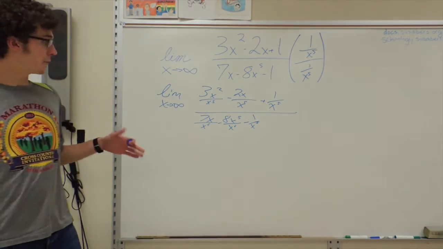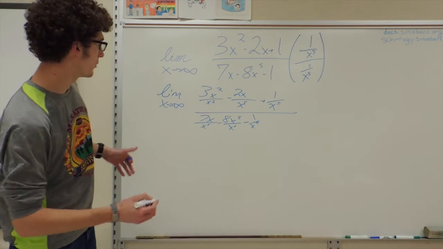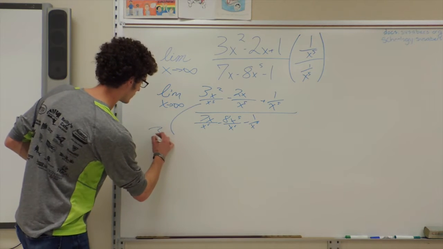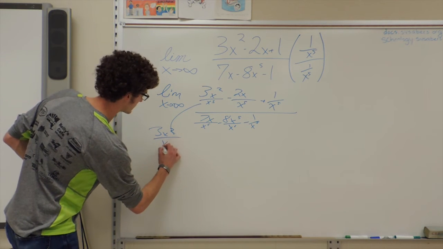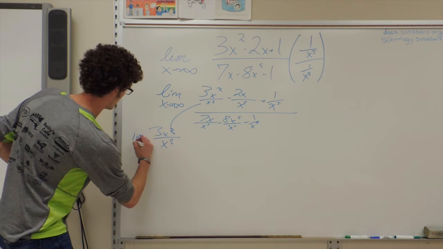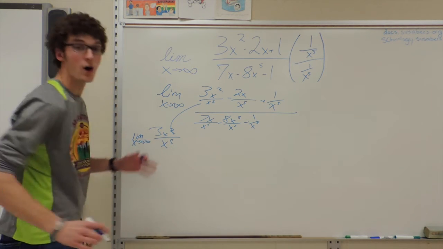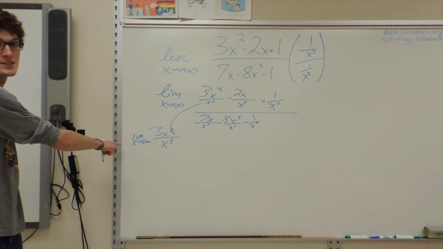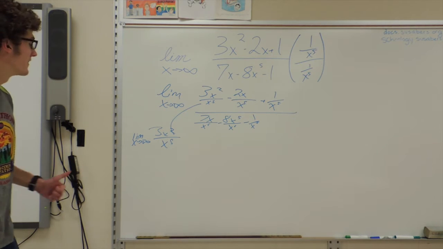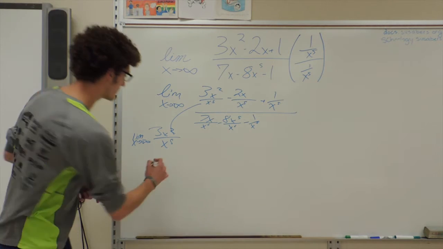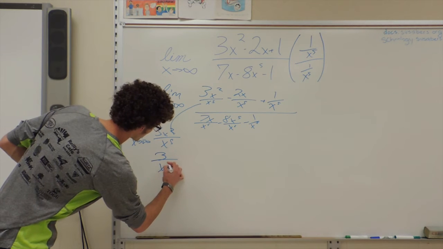Okay? So now we can cancel some stuff. For example, we have 3x squared over x to the fifth, and the limit. Always remember to never drop that symbol right there. Alright? Good. So 3 over x to the third, that's what it cancels down to.